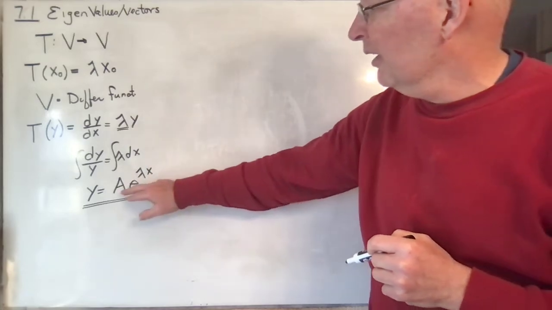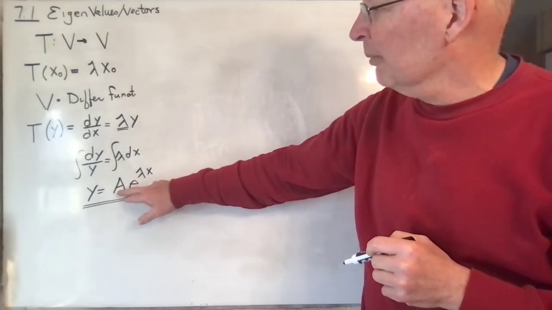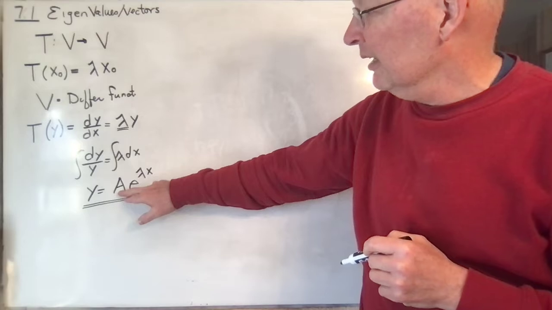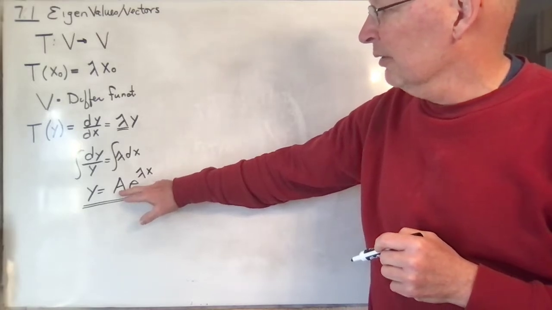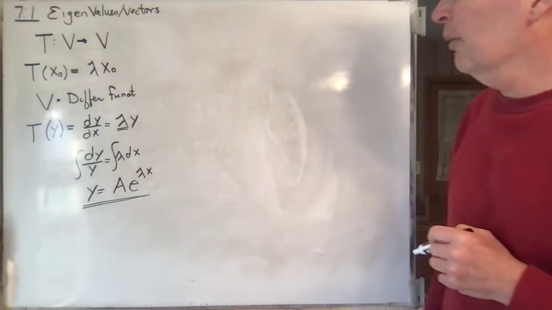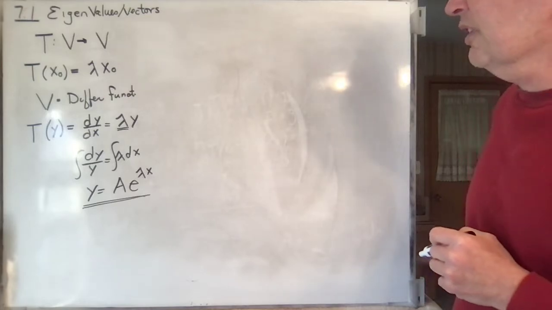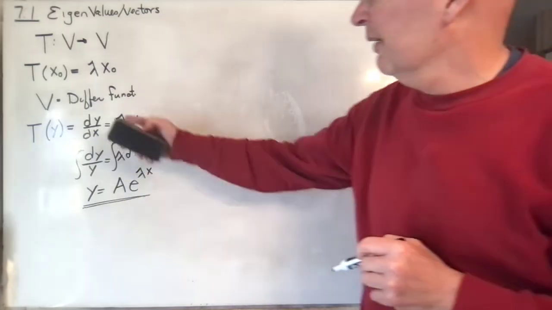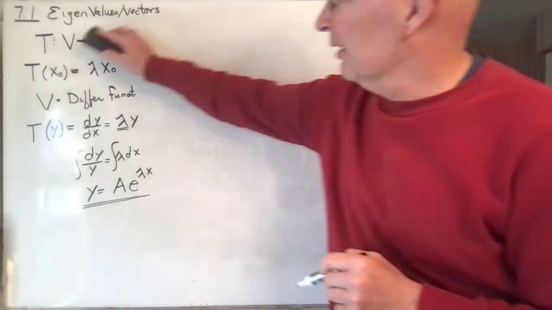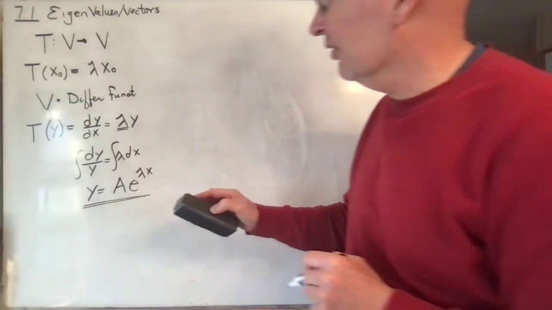I say an infinite number because a can be anything you want, right? a could be a 2 or a 7 or a pi or an e or a 17 or a 0. It could be anything you want. So there's an example of eigenvectors and eigenvalues in the world of differentiable functions.